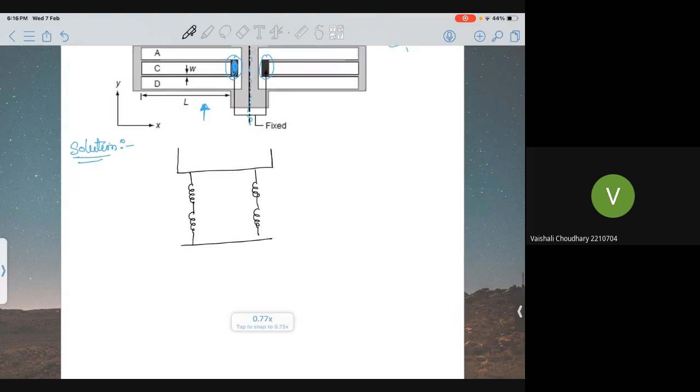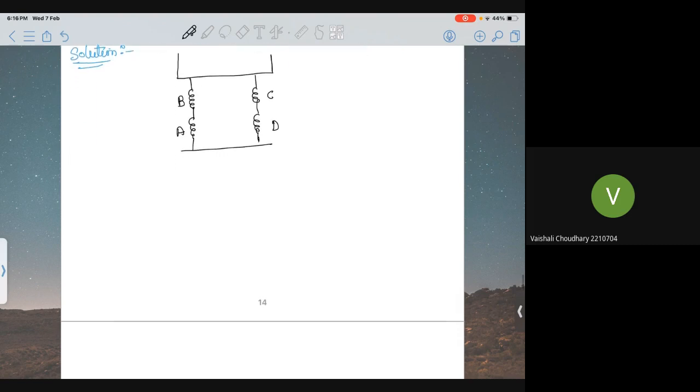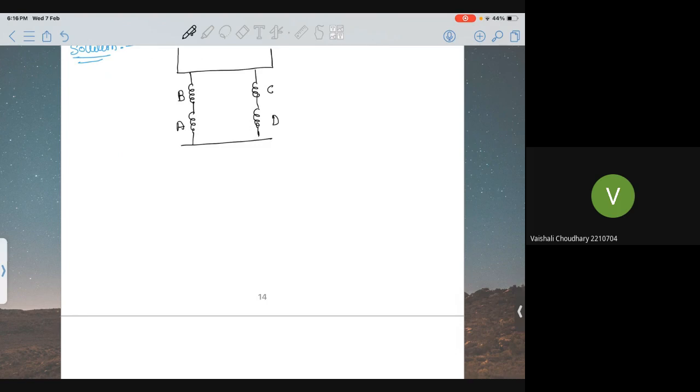This is B, A, C, and D. Okay, so first we will calculate a spring constant.